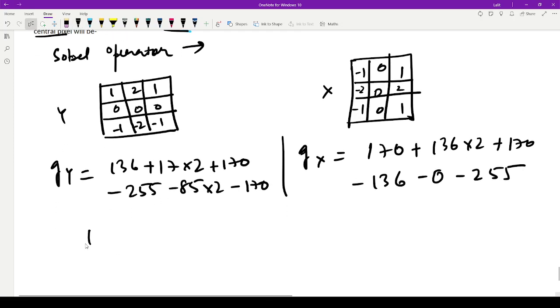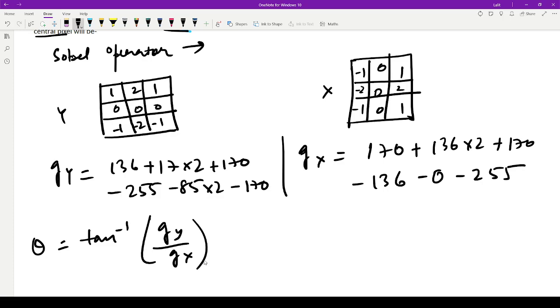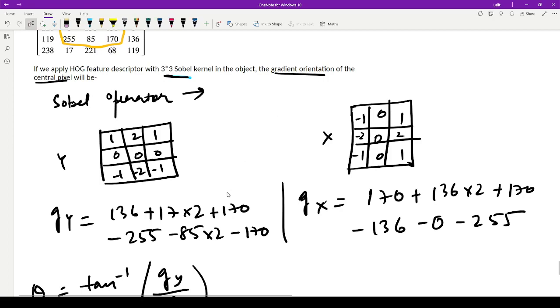So given this, how will you compute the angle? The theta is tan inverse of gy by gx. Alright. Once you place these values gy and gx, it will give you the specific orientation of the central pixel.